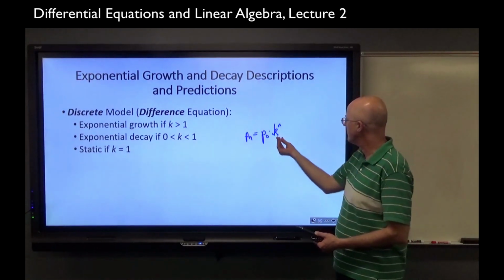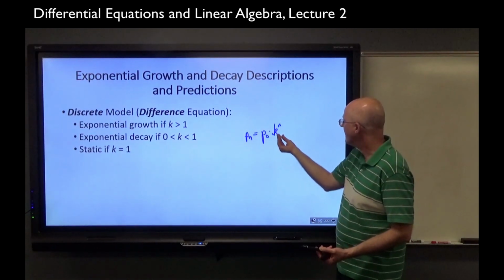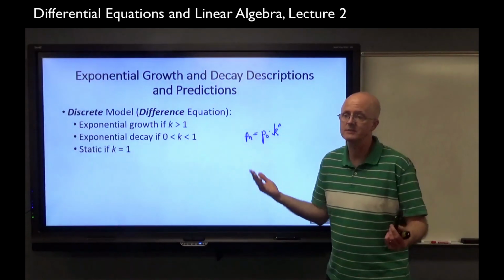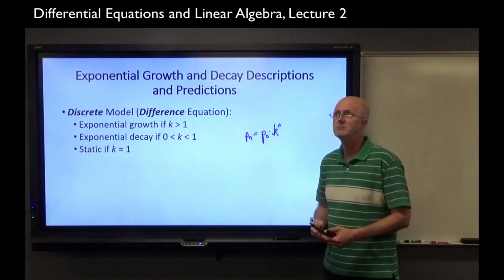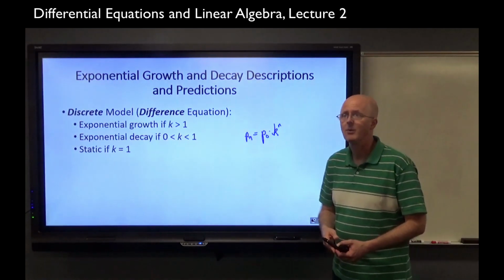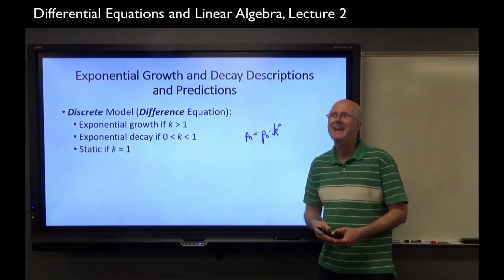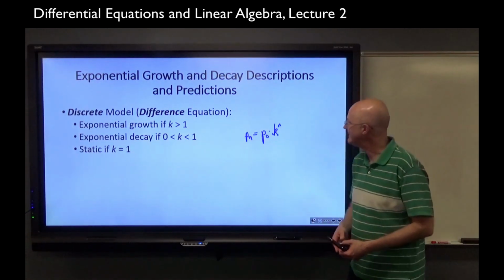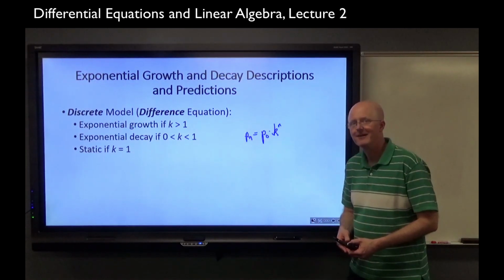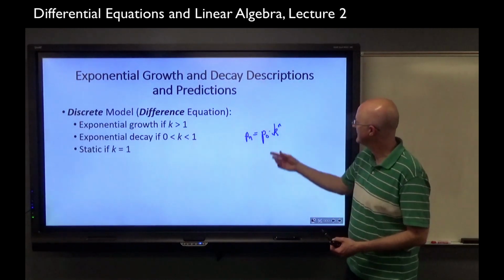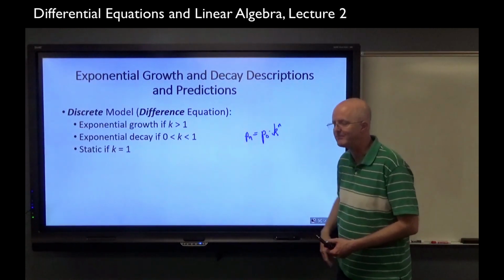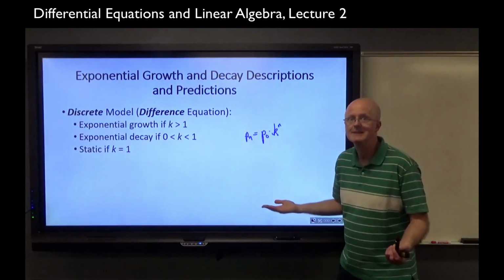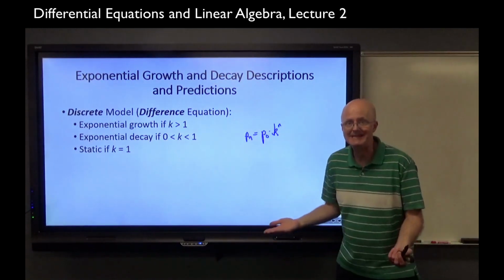If k is between 0 and 1, like 0.5, 0.5 to the n, as n gets bigger, gets smaller and smaller, right? 0.5 squared is 0.25. 0.5 cubed is 0.125. 0.5 to the 4th power is 0.0625, I think, yeah. So it keeps getting smaller and smaller if k is between 0 and 1. And again, I'm only considering when k is positive here. If k equals 1, then I get 1 to the n, which is always 1. Static. Pn always equals P0 in that case.